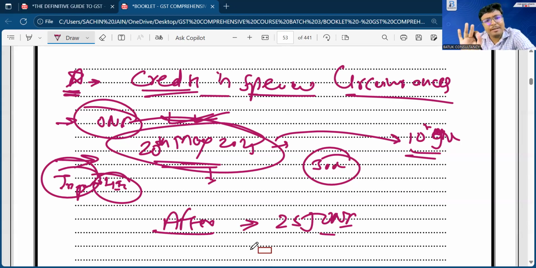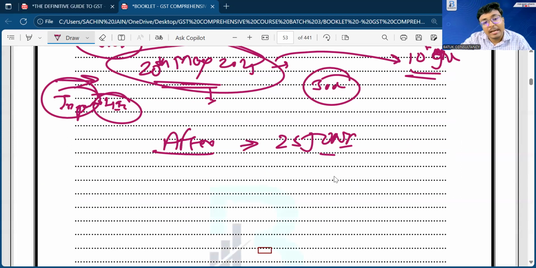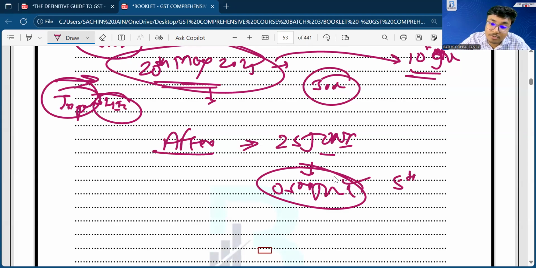Government is saying if you apply after 30 days, you will be eligible to claim the input tax credit of the input goods available with you as on the date of grant of registration. Suppose I applied for GST registration on 25th of June and government allotted me the GST registration as on 5th of July. So in that case, as on 5th of July 2025, whatever input goods are available with me, I will be eligible to claim the input tax credit.